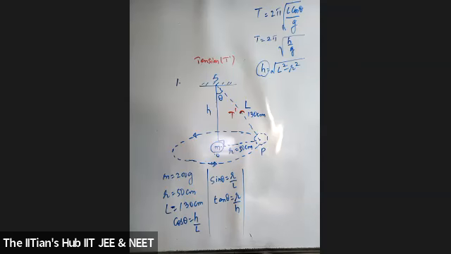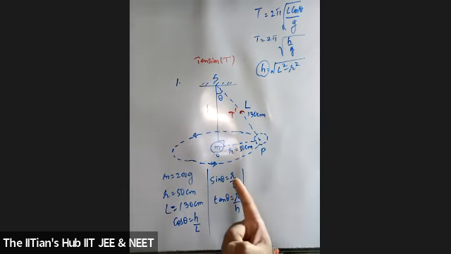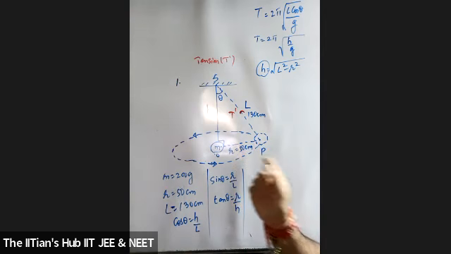Now can you find out the tension in the string? How will you find tension? Students, do you remember when I did conical pendulum with you, I derived the tangential velocity formula.